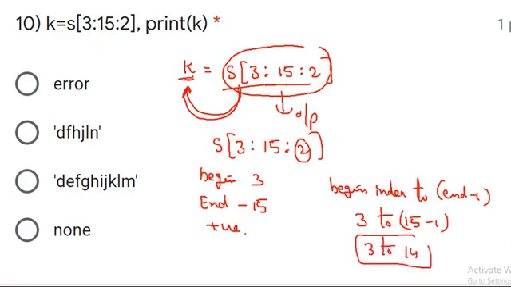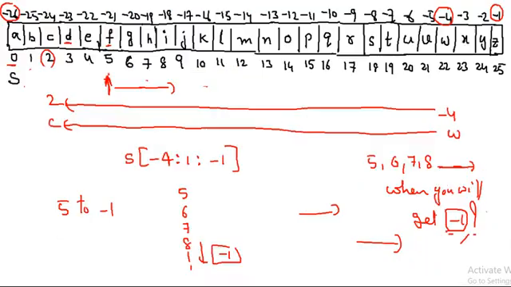So can you travel from 3 to 14? Yes, comfortably, in the positive, forward direction. But here the step value is 2. That means from 3 to 14, every alternate value you are supposed to print. What is the value at index 3?